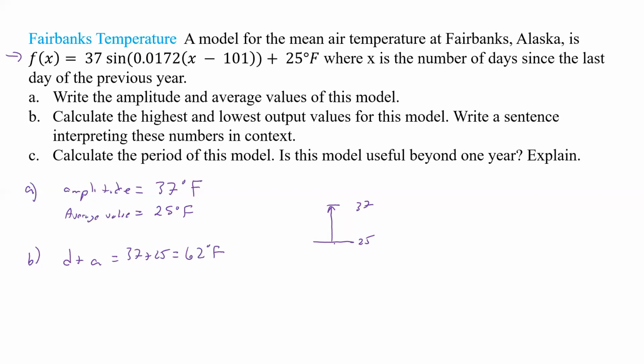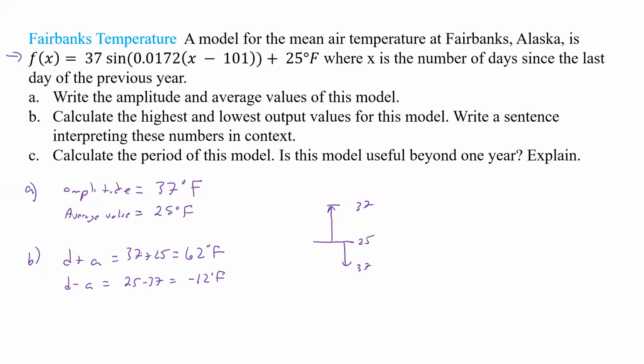Now what's our min? Well, now if we go the other direction, we go down this way, and so it's going to be a 37. Still, that's how high that is. So it's going to be 25 minus 37. Oops. That's a minus 12 degrees Fahrenheit.